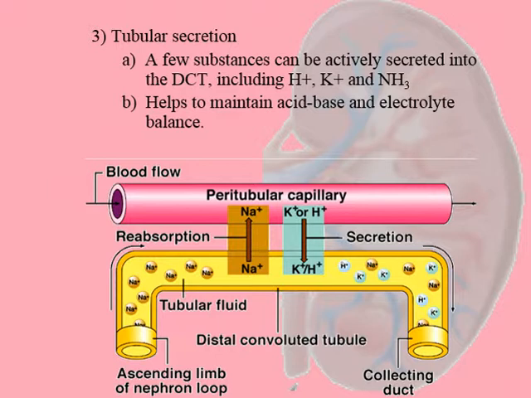And so the body has a mechanism of secreting ammonia into the forming filtrate to buffer the hydrogen ion, so that if we can secrete ammonia into here, the ammonia can combine with hydrogen ion and it will form the ammonium ion. So we can buffer the hydrogen ion, stop it from being so acidic, and get rid of, in a sense, extra hydrogen ion by secreting ammonia.